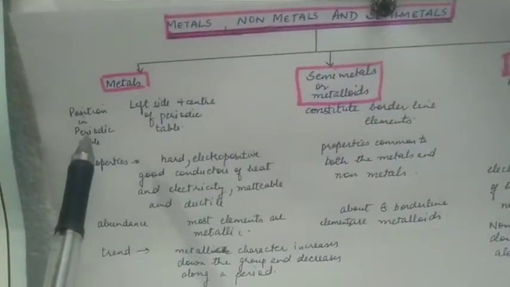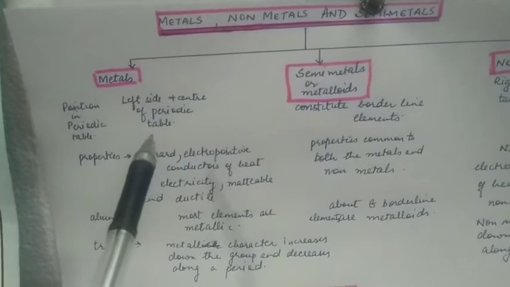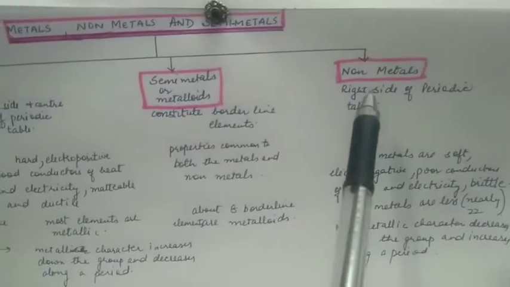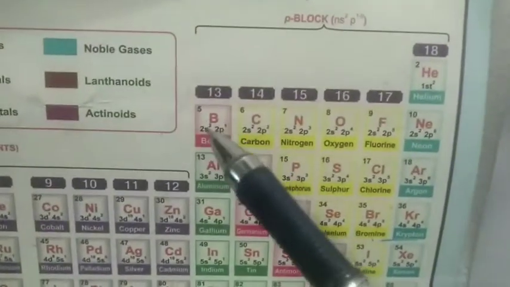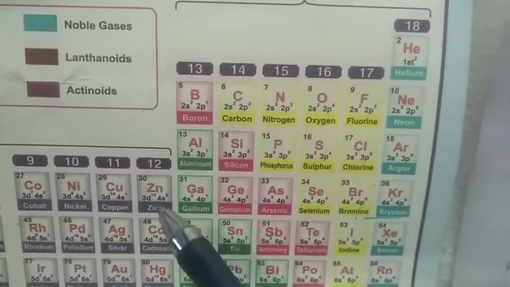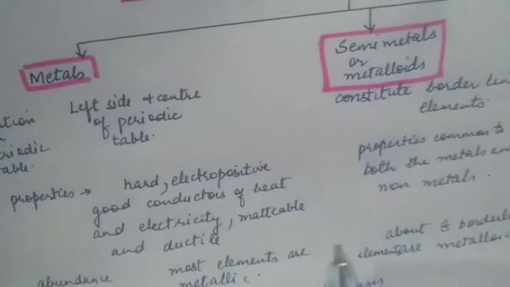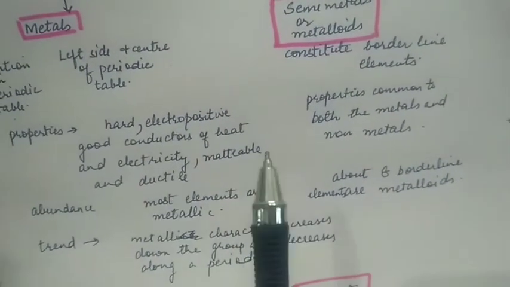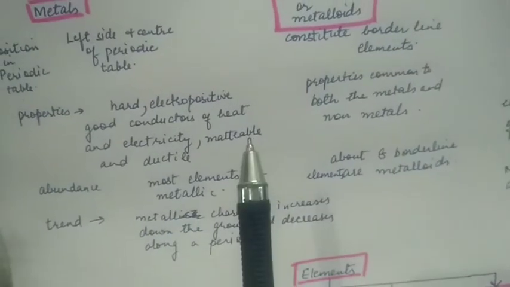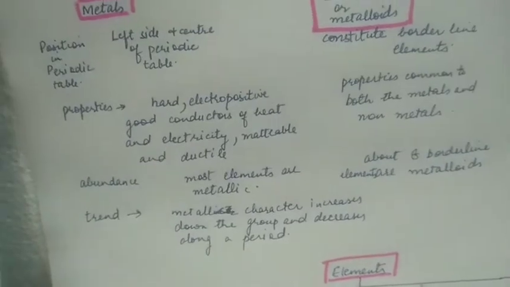In terms of position in the periodic table, metals are present on the left side and center, non-metals are present on the right side, and semi-metals or metalloids are the borderline elements between the metals and the non-metals. Then properties: metals are hard, electropositive, good conductors of heat and electricity, malleable, that is they can be drawn into sheets, and ductile, they can be formed into wires.